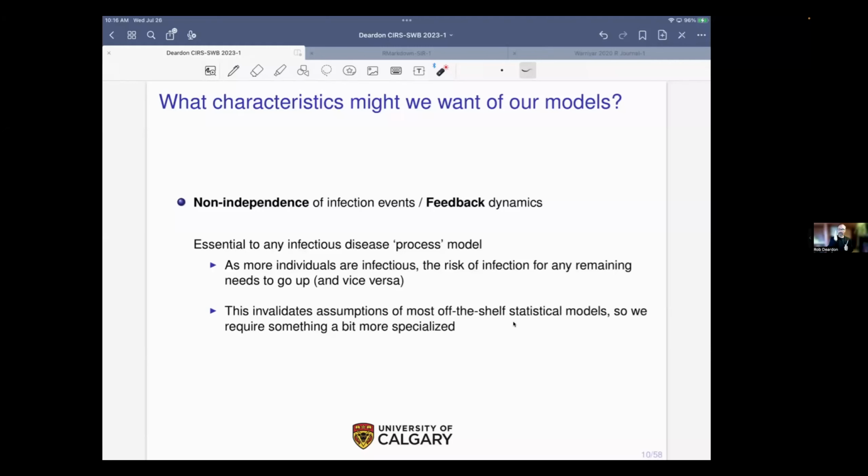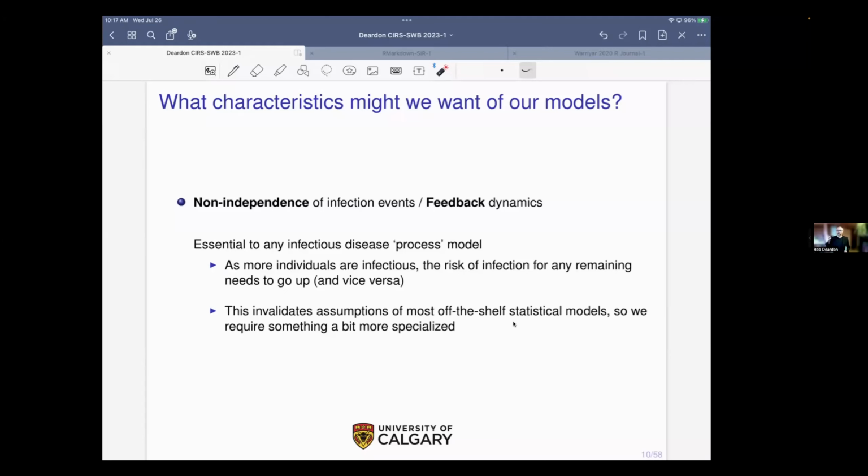We're modeling the time of infection, the time of removal, which sounds similar to survival analysis models, right? Except in survival analysis, you have an independence assumption, right? If you're modeling lung cancer, say, after you've accounted for covariates, you know, age, lifestyle, my risk of getting lung cancer at any particular time doesn't depend on who else in the population has lung cancer. Okay? There's an independence there.